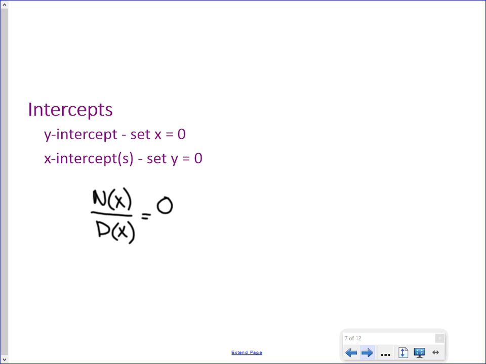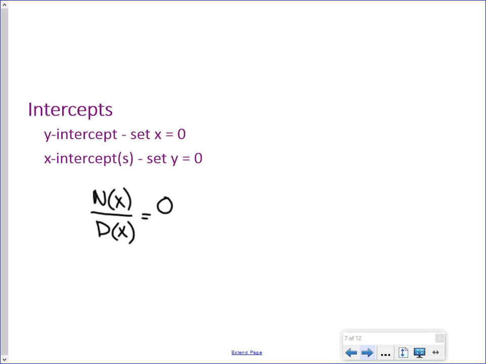What must be true? You can't have the denominator equal to 0 because then that would be undefined, no solution. So what must be true if the fraction equals 0? The numerator is equal to 0.